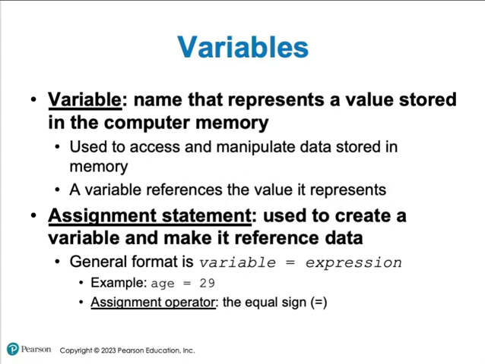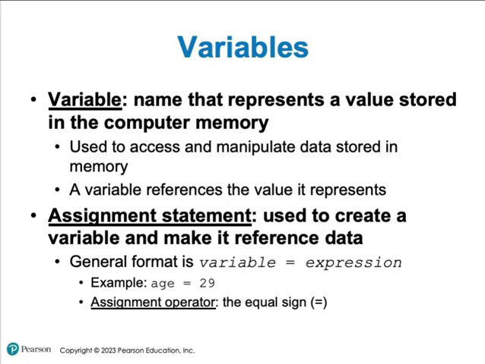The way a variable gets a value most commonly is the assignment statement. The general format is shown here. You have the name of a variable, you have an equal sign, and then you have an expression. And I used to teach Perl, which is very similar to Python, for years.